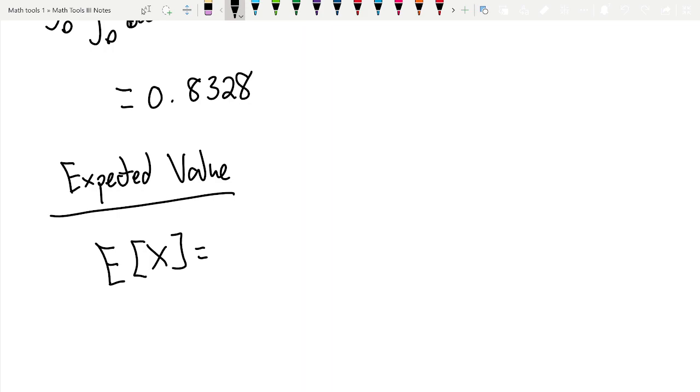And this is also what we call the mean of a random variable. So this would be the mean of x. This would be equal to, in this context, the double integral over S of x f(x,y) dA. S here stands for the sample space of the random variables.